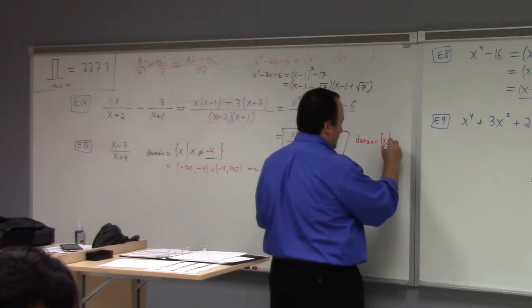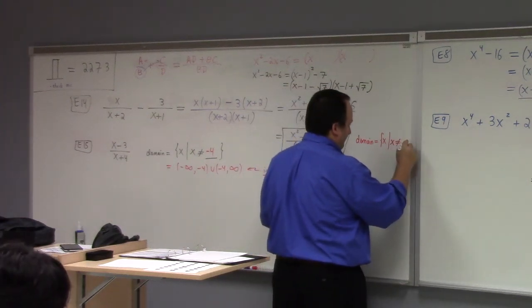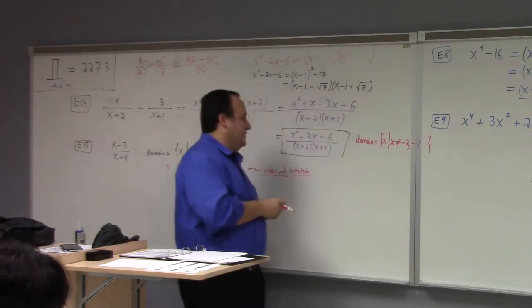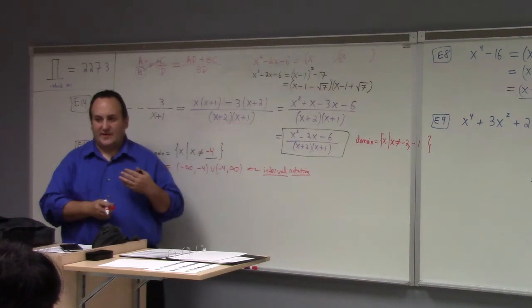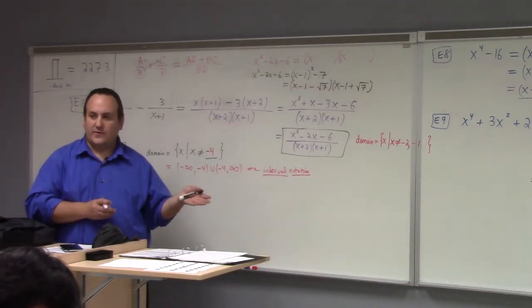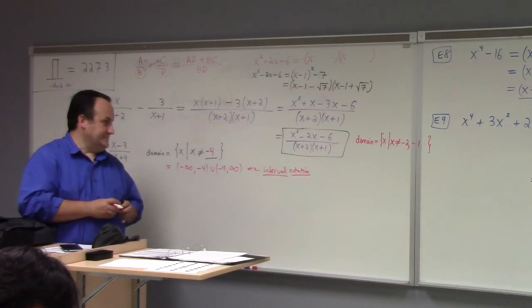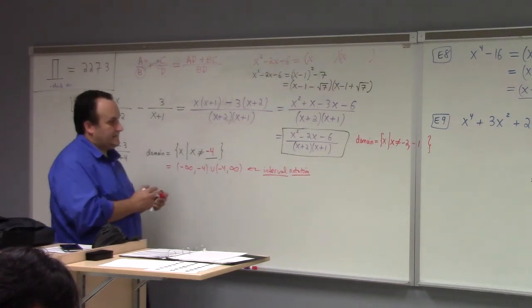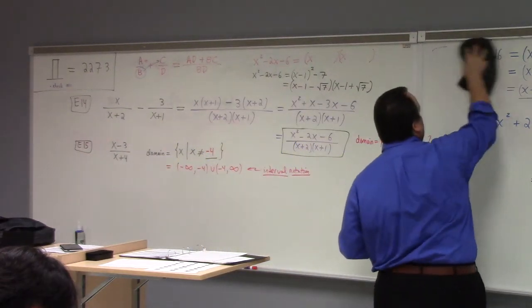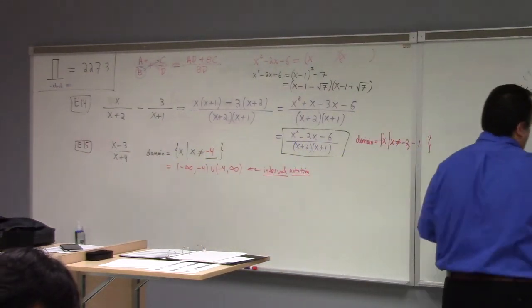Oh, negative 2. Wait, so what exactly are you looking for when you're trying to find the domain? The domain is the set of x for which the formula makes sense. Okay. So we're trying to exclude the points where we get division by 0. And so far that's been relatively obvious, from these formulas, what we're excluding.